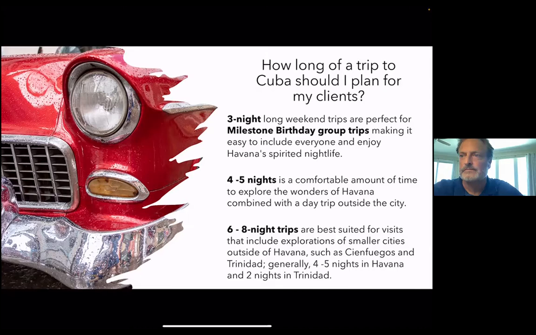It is the seat of culture. It has the best accommodations, the best food, the most nightlife, and the most to see and do. So on a 4 or 5 night Havana-based trip, no one is bored. And we still take them out into the countryside. We have a variety of day trips on offer, always included in our trips.